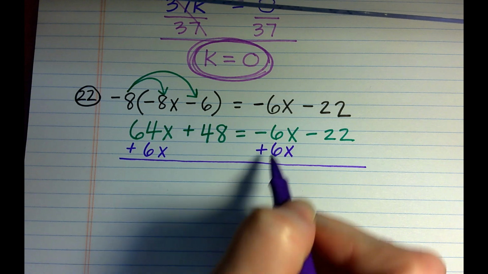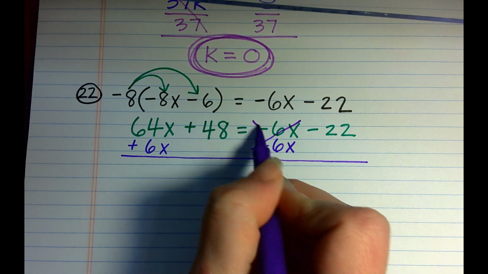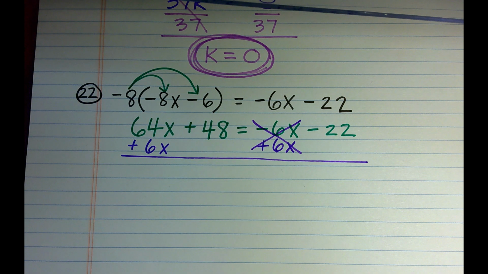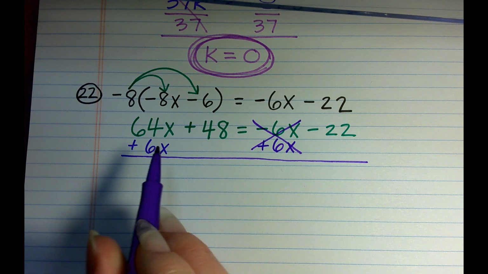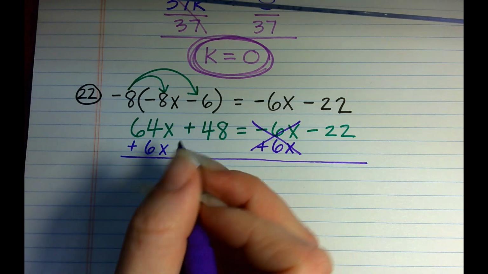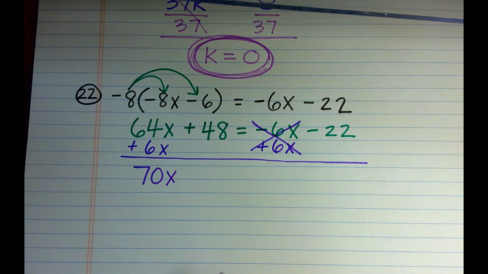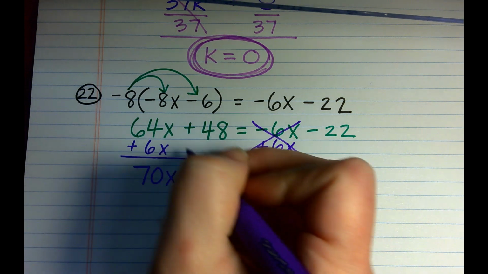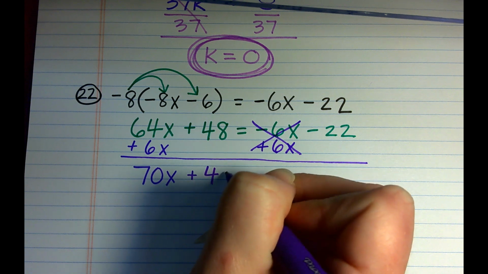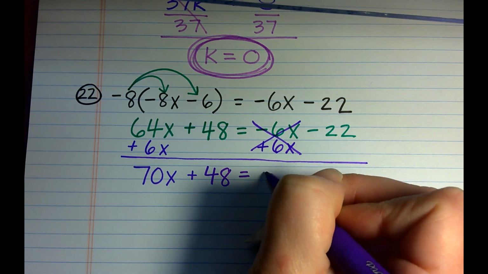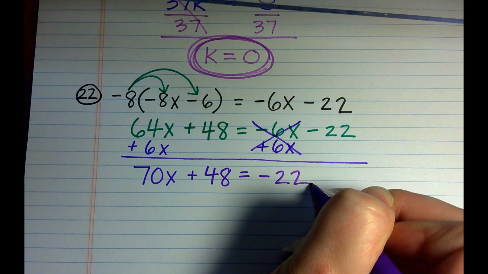Okay. I know my -6x plus 6x will cancel. Yeah, 64x plus 6x is 70x. And we'll bring everything down. Plus 48 equals -22.